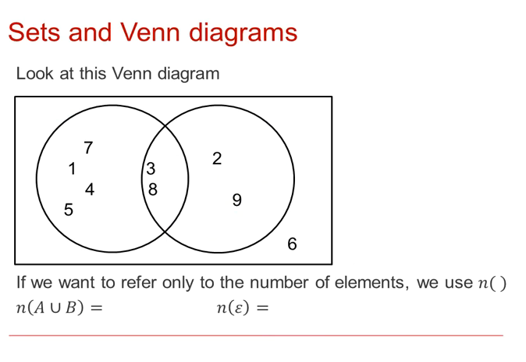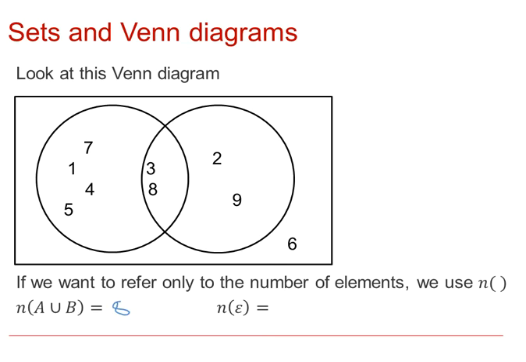If we want to refer only to the number of elements in the various subsets, we use n bracket. So, for example here, we would have that n of A union B would be 8 numbers.